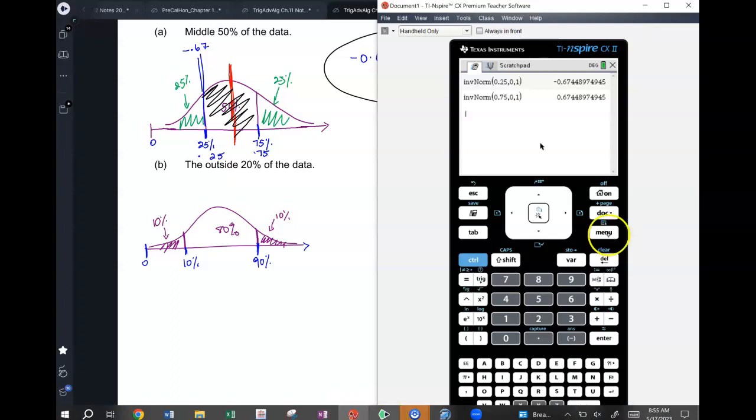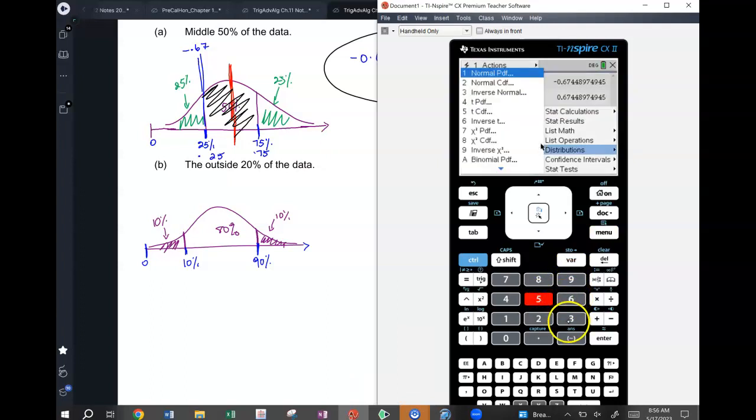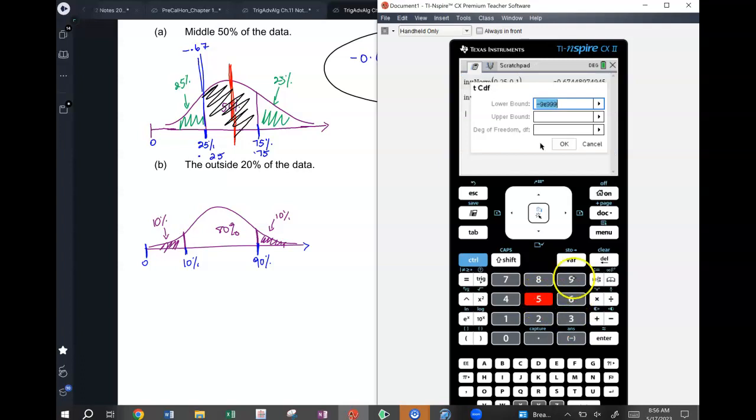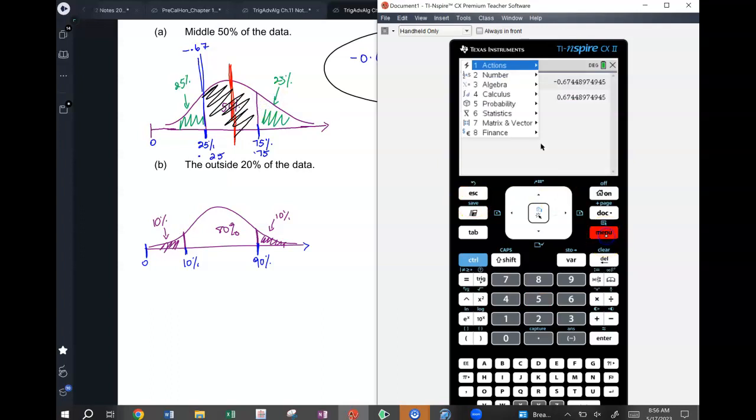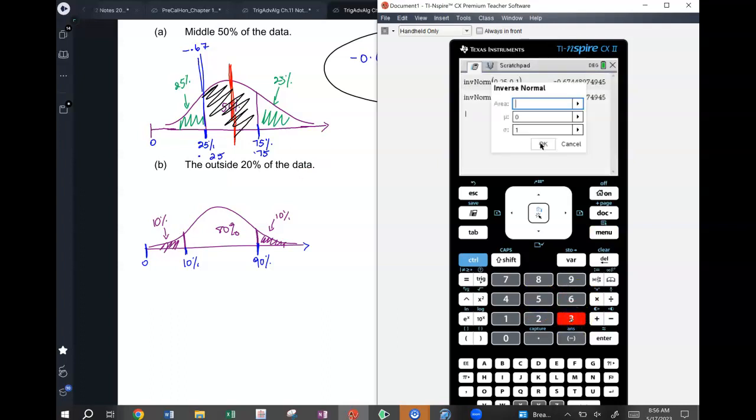Okay, so now I've got to do the same thing. Let's do menu, statistics, number 5 for distributions, number 3 for inverse normal. Sorry, I pressed the wrong thing. Menu, 6, 5, 3. Okay, here we're going to put in 0.1.